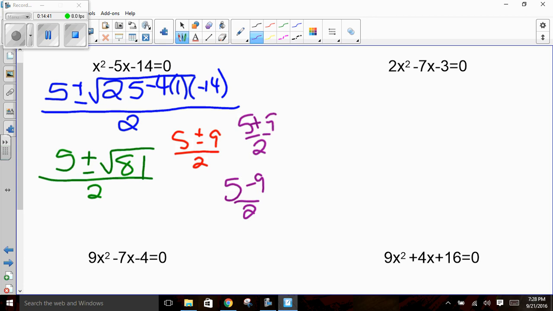So I'm going to take 5 plus 9, hit equals, divide by 2. That should give me 7. So one of my answers is 7. Then I'm going to take 5 minus 9, hit equals, divide by 2, and I should get that value of -2.